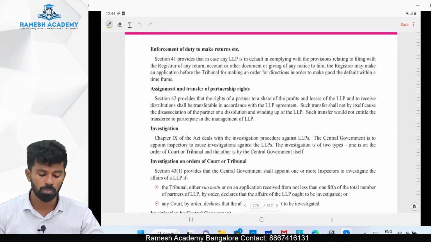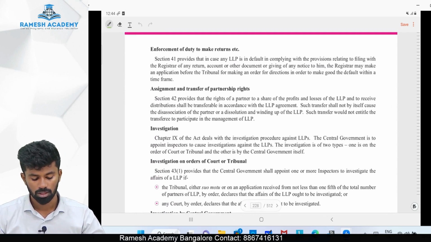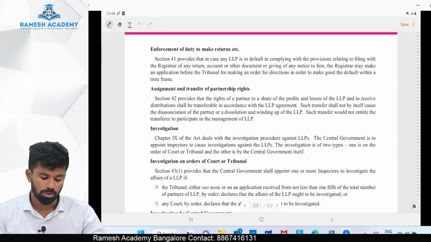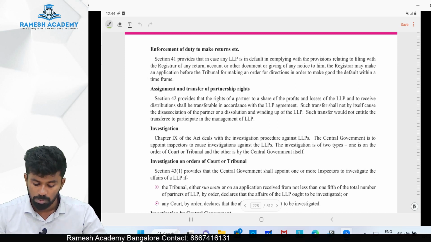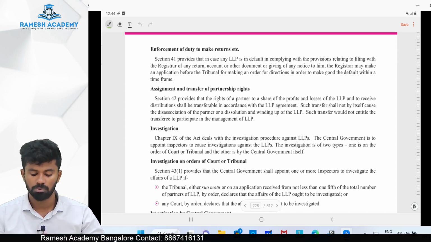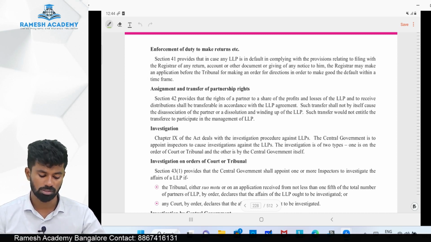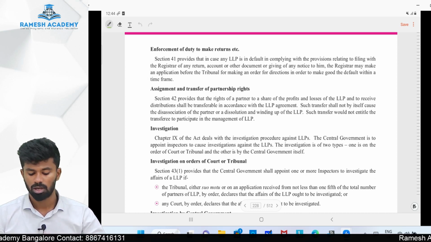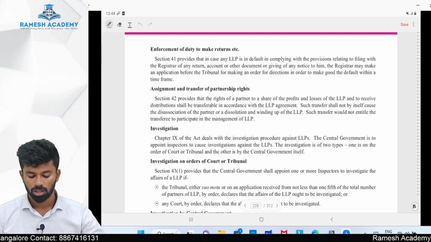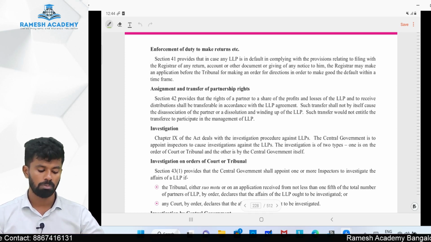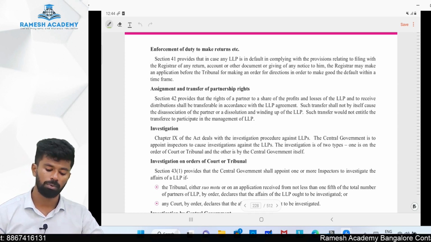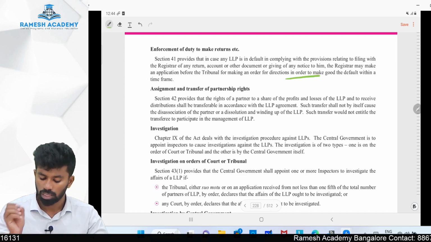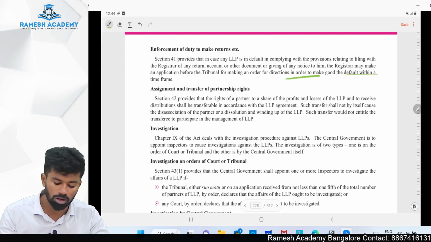Enforcement of duty to make returns, etc. Section 41 provides that in case any LLP is in default in complying with provisions with respect to filing with the registrar of any return, account, other documents or giving of any notice to him, the registrar may make an application before the tribunal for making an order for directions in order to make good the default within the time frame.